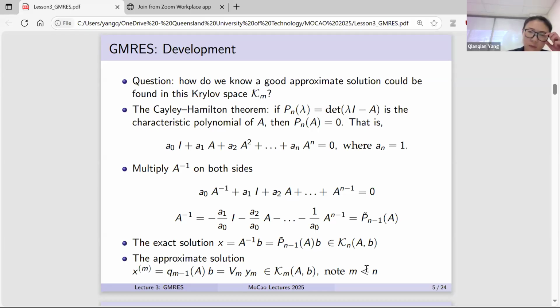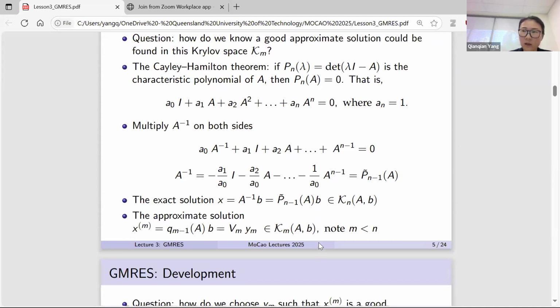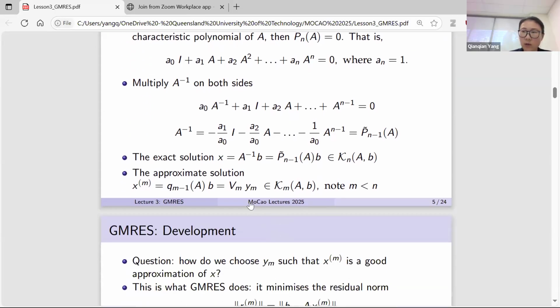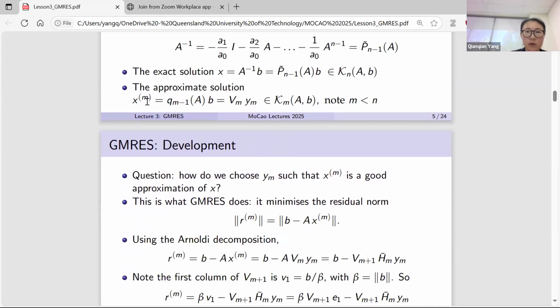So that's why we think that our approximate solution should be in this Krylov subspace Km. So now the next question we're trying to figure out is: okay, now I know where to look for my solution, then how do I figure out my Ym?